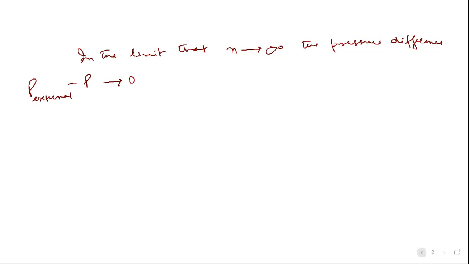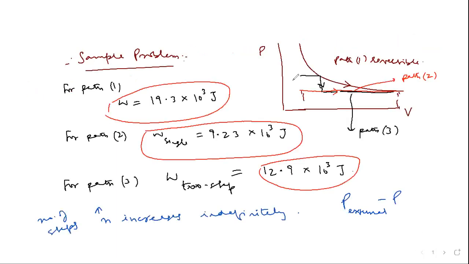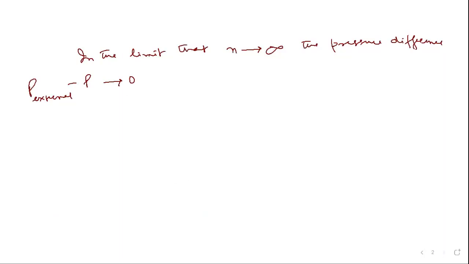Remember, here we're expanding the gas. Now I am telling you about the compression case. I am saying the magnitude of the irreversible compression work exceeds that of the reversible process for finite values of n being the number of steps. And this magnitude of irreversible compression work becomes equal to that of the reversible process as n approaches infinity.